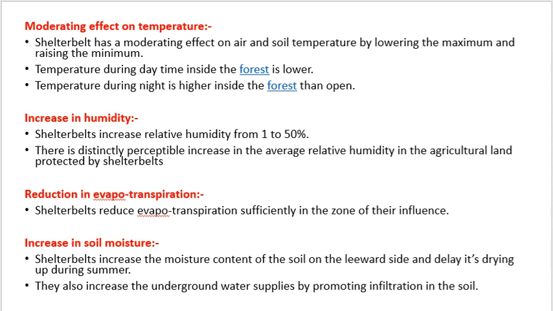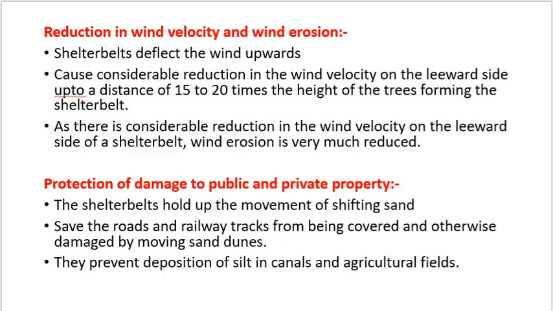They also increase the underground water supplies by promoting infiltration in the soil. Reduction in wind velocity and wind erosion. Shelter belts deflect the wind upwards, causing considerable reduction in wind velocity on the leeward side up to a distance of 15 to 20 times the height of the trees forming the shelter belt.